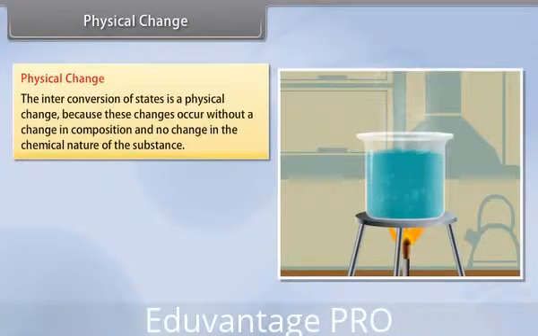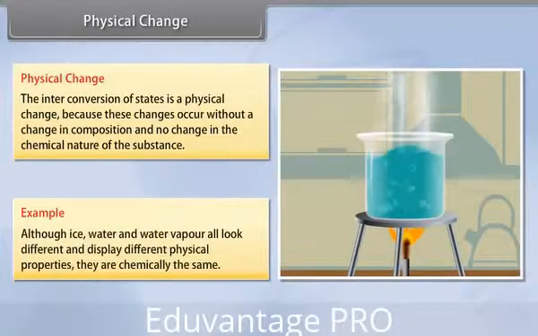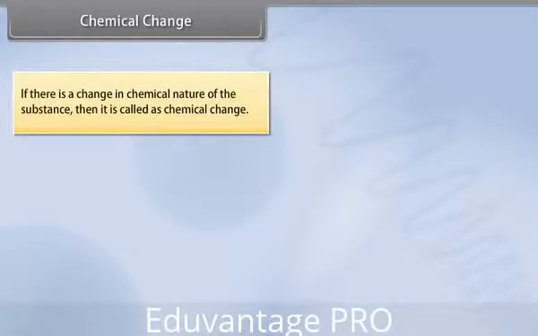The interconversion of states is a physical change because these changes occur without a change in composition and no change in the chemical nature of the substance. For example, although ice, water, and water vapor all look different and display different physical properties, they are chemically the same. If there is a change in chemical nature of the substance, then it is called a chemical change.